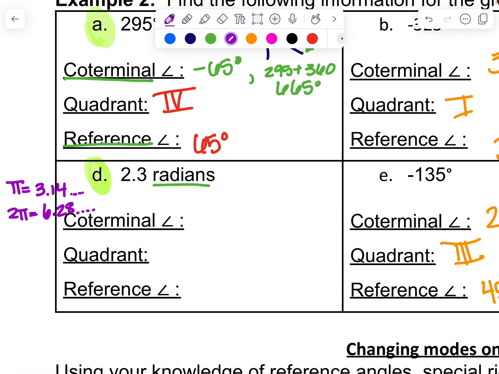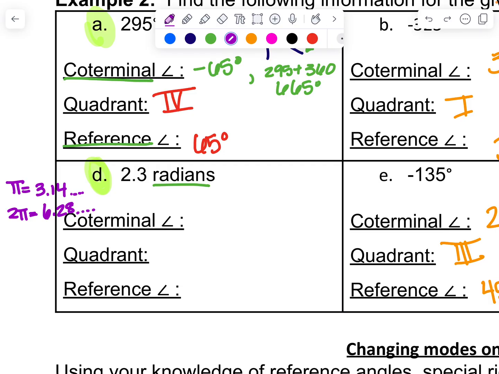So we can determine where these angles are as a decimal by figuring out how many pi it is. I can type in 5 pi over 3 and it'll give me a decimal. So I need to figure out what quadrant 2.3 radians is in.